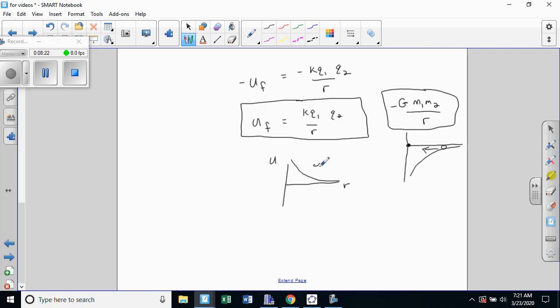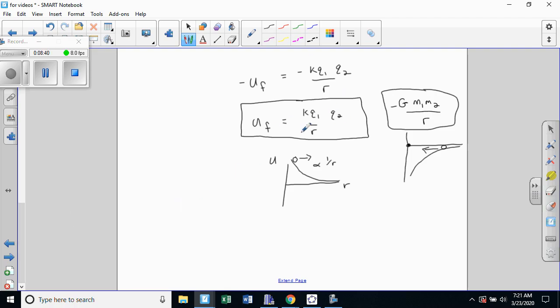It's proportional to 1 over R, and it would make sense that if Q1 is a positive charge and I place Q2 in that field, we know that naturally, due to this electric field, Q2 would leave. It would go further away from charge Q1.